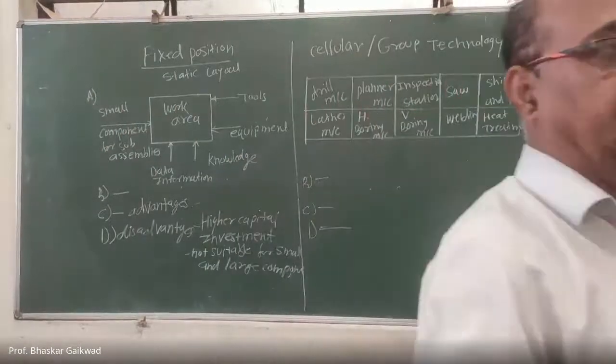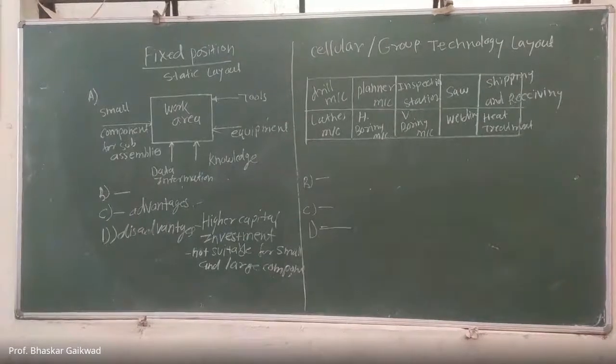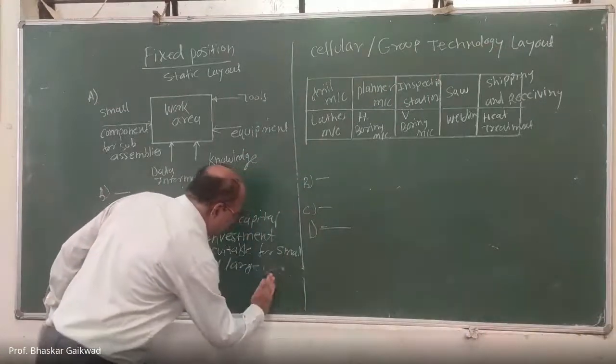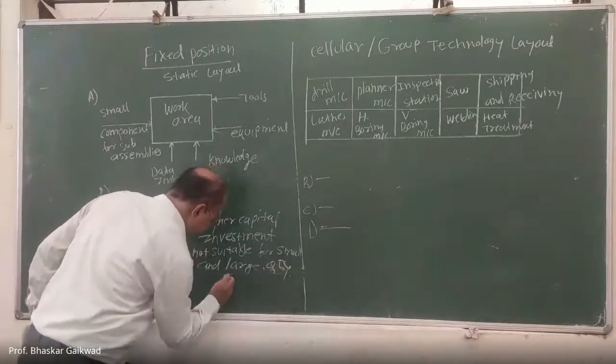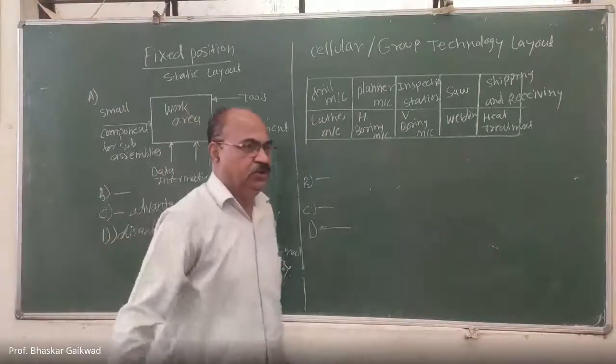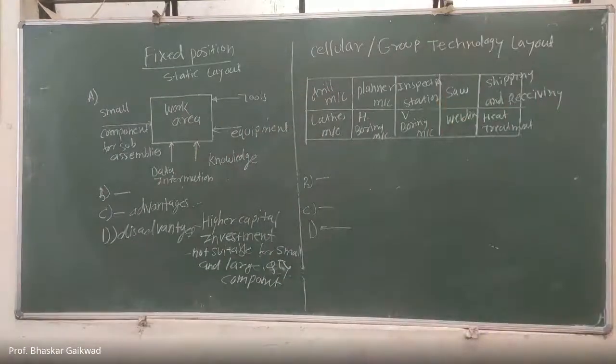So here the initial cost is very high in fixed layout, and this is not suitable for small and large quantity component. Component size is very small and quantity is high, even though we cannot use fixed layout. So these are the disadvantages of this.